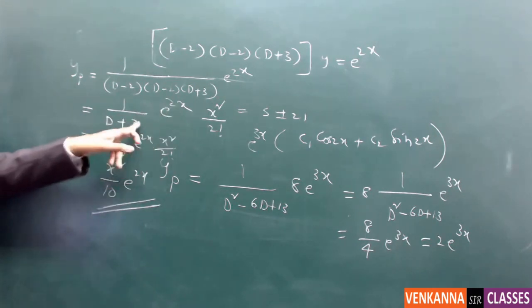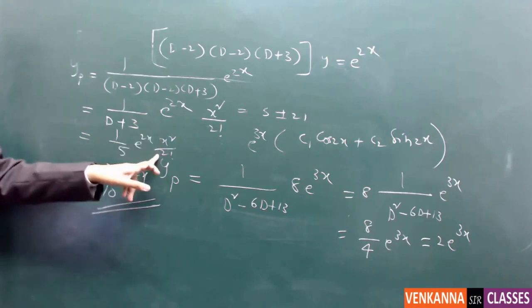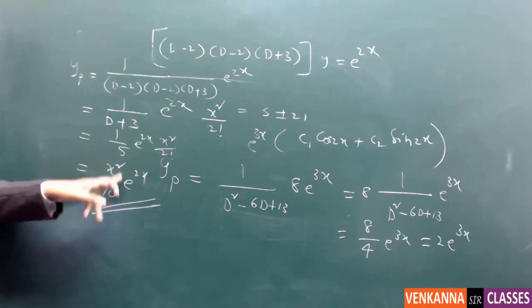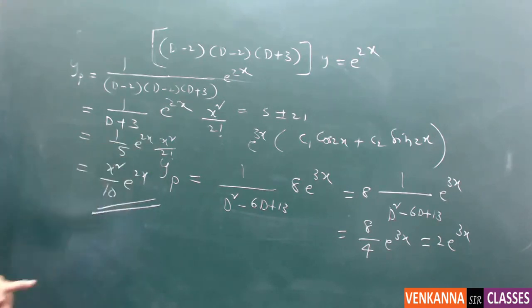So 1 by 5 e power 2x, x square by 2 factorial, nothing but x square by 10 into e power 2x is the solution. That is the procedure we follow if the right hand side is e power x. Okay? Are you getting the idea? Any other queries for anybody?